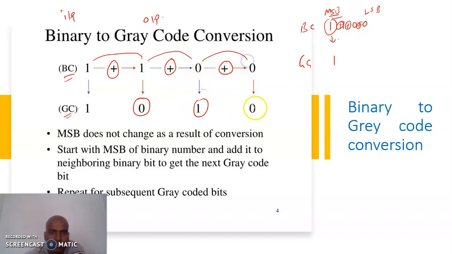Then 0 exclusive OR of 0, the result is 0. So we know the exclusive OR truth table, that is, when the same inputs are coming, the output is equal to 0. Okay, so this is the way to convert a binary code to gray code. Just the first step is to write the MSB as it is. Second, third, fourth steps are to do the exclusive OR operation between the binary bits.